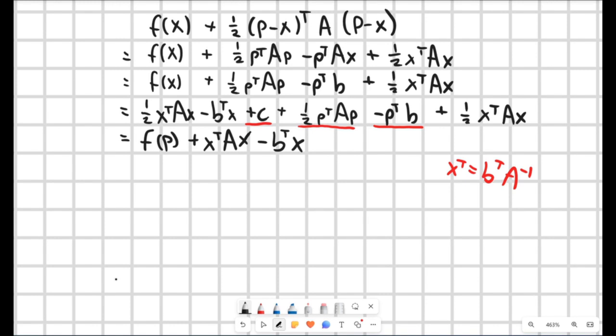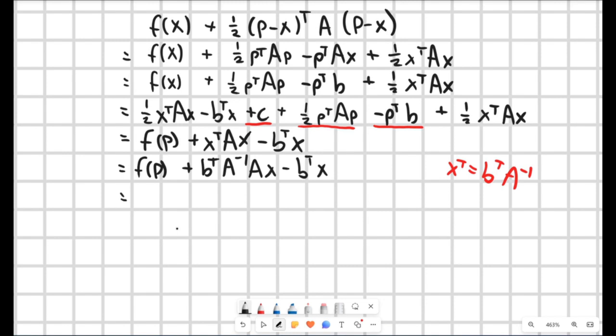So we plug that in, and it means that we've got f of p, and then into here it's going to have b transposed A to the minus 1 multiplied by A multiplied by x, minus b transposed x.